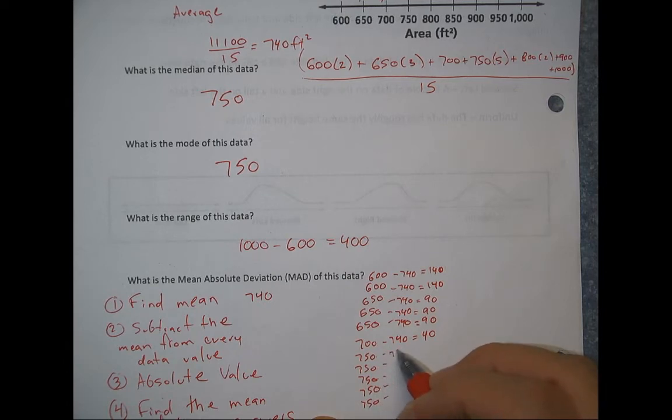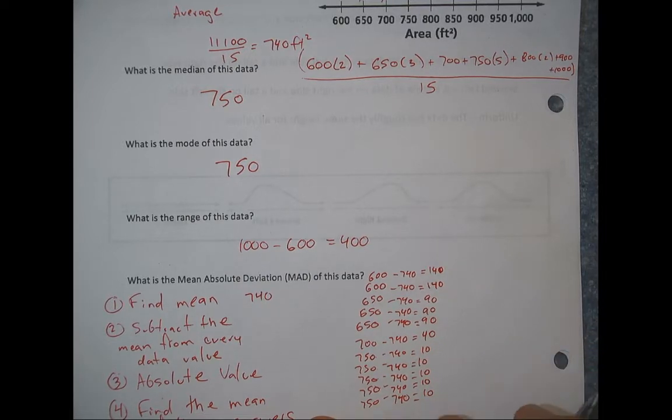Now, you can get better at shorthanding this as you go. But for now, I want you to actually see all the numbers. And so each one of those is 10 away. 5 of those. Two 800s, which are 60 away.